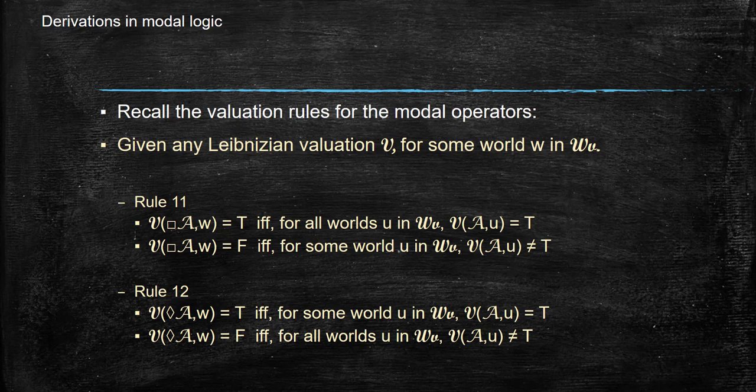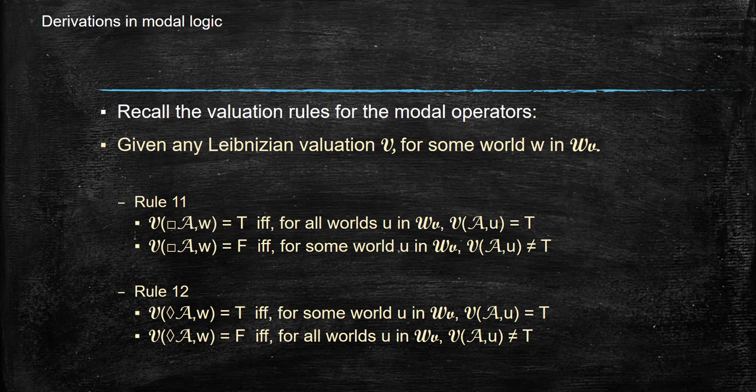This is Rule 11 and Rule 12 in the text. It says that given any Leibnizian valuation V for some world W in the worlds of V, Rule 11 says the value of box A, necessarily A at some world, is true if and only if for all worlds U in the worlds of V, the value of A at U is true.